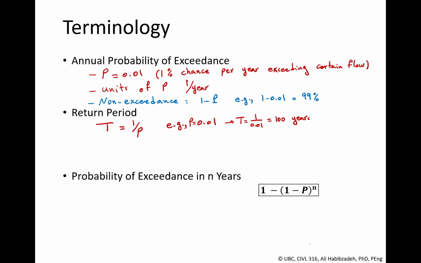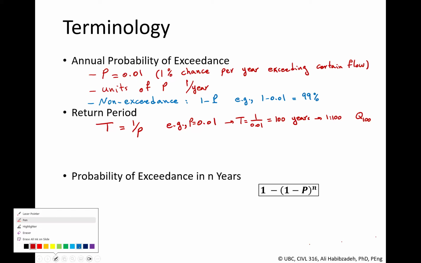So the units for T are years, and sometimes we write it as 1 in 100, and we say this is the 100-year discharge, Q sub 100. It means a discharge which has a return period of 100 years.